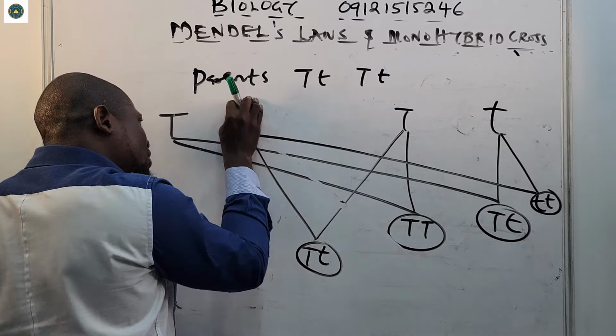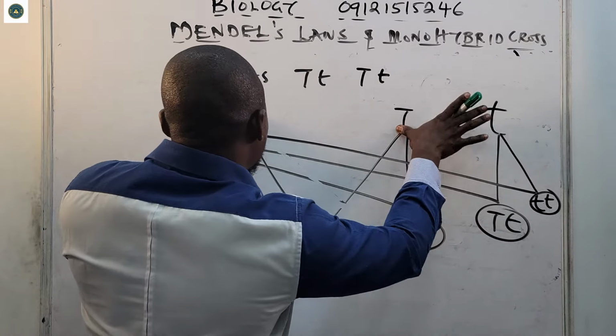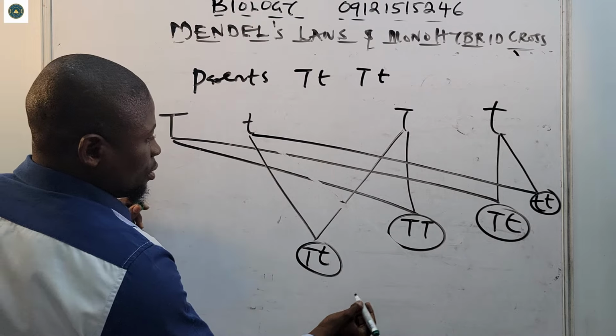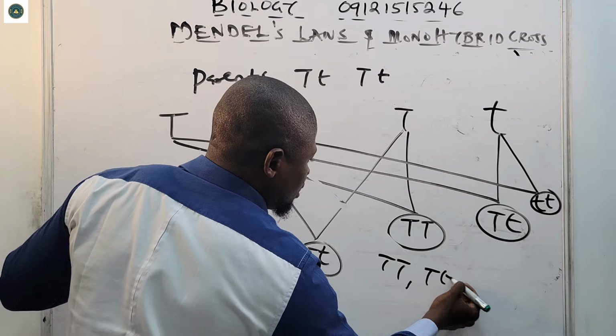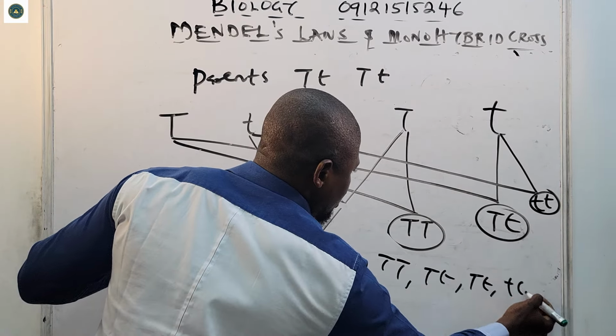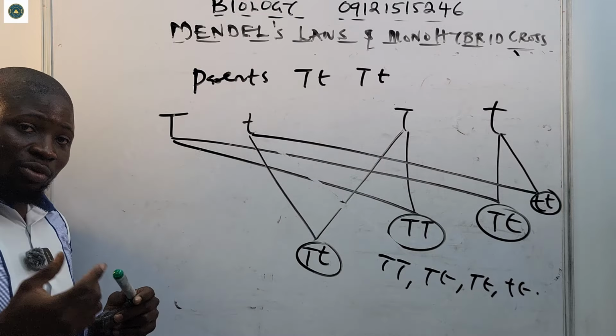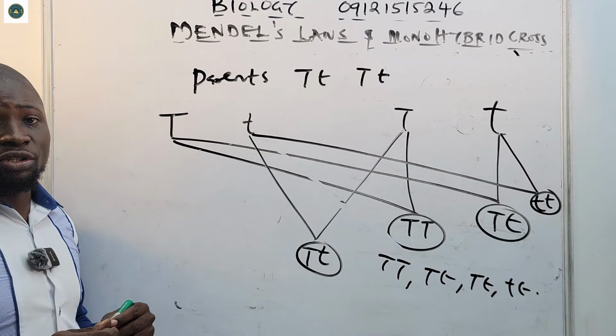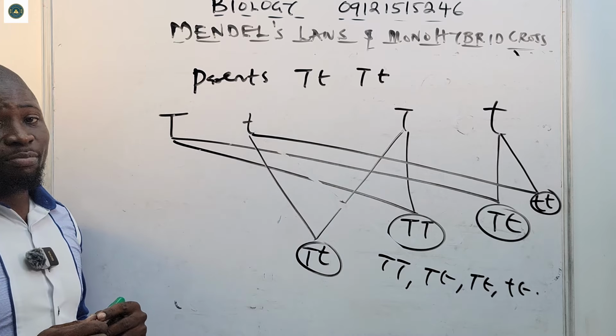Hold this one constant, use it to cross these two. Then hold this one constant, use it to cross these two. We're getting TT, Tt, Tt, and tt. It is exactly the same result, but you must know how to do this method.